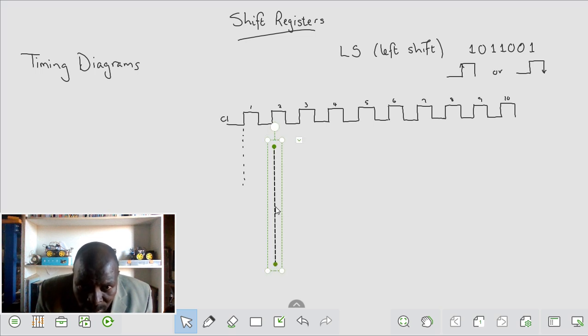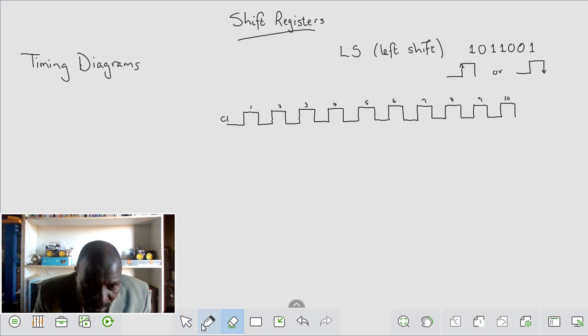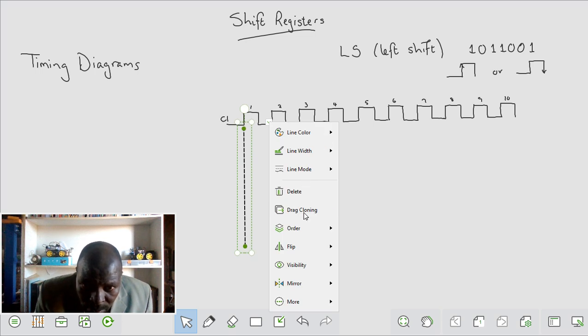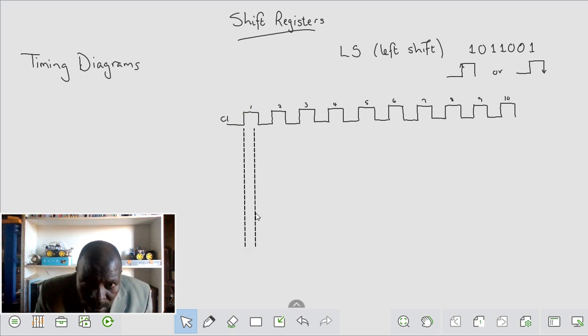Let me rather use this because it takes less time. Let me move this here. Clone it, and put it in every edge.